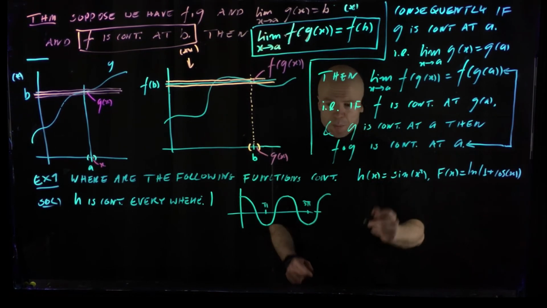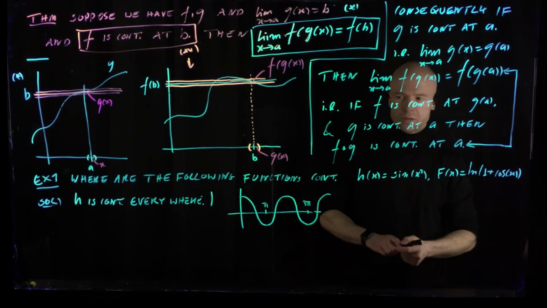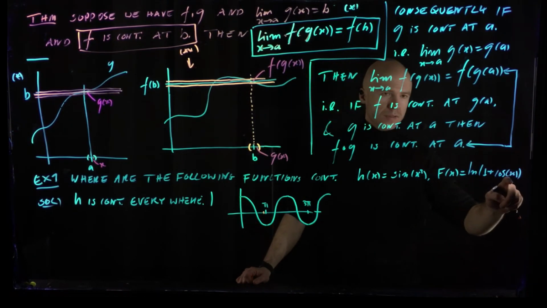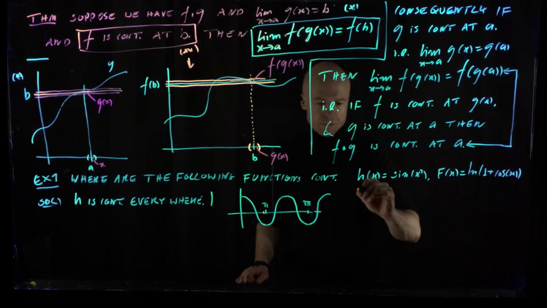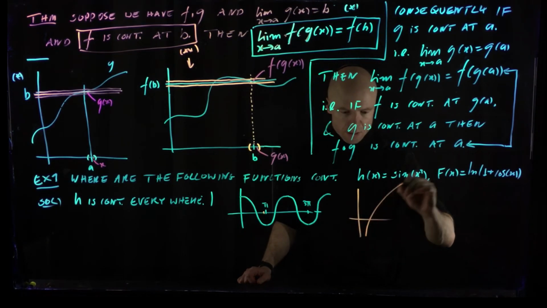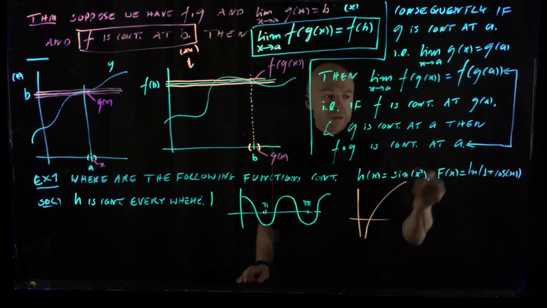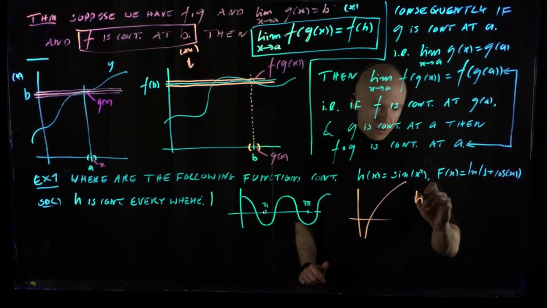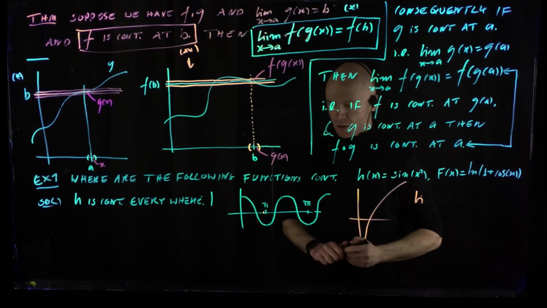So if we think about what happens, as x gets closer and closer to pi, 1 plus cosine of x gets closer and closer to 0, and the graph of log, as we know, is like this. As we get closer and closer to 0, log goes towards negative infinity, right?